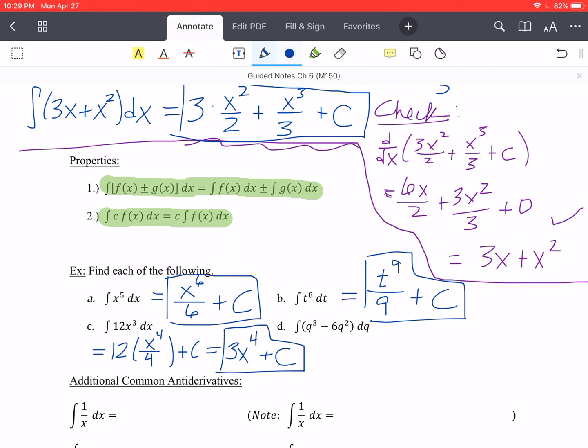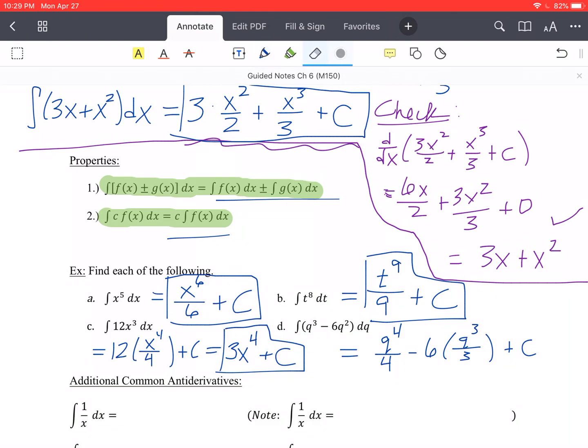And then the last one here with some q's in it. Okay, this one you could use the properties up above that we had just talked about. You can split it up across the addition and subtraction, and you can pull out the constants. But this is going to give us q to the 4th over 4 minus 6 times q cubed over 3 plus c.